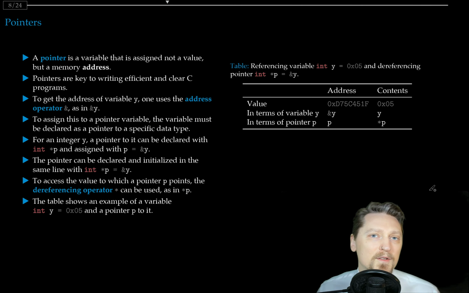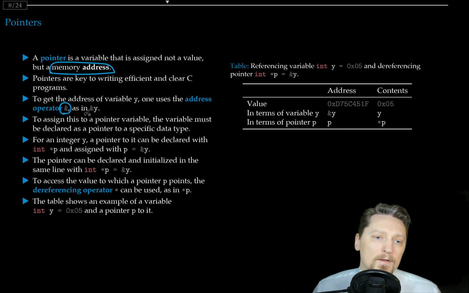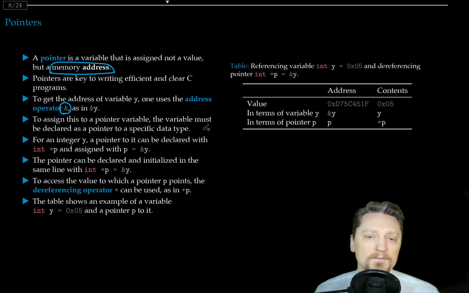Pointers and arrays. Pointers. A pointer is a variable that is assigned not a value, but a memory address. Pointers are key to writing efficient and clear C programs. To get the address of a variable y, one uses the address operator, which is the ampersand, as in &y. To assign this to a pointer variable, the variable must be declared as a pointer to a specific data type.